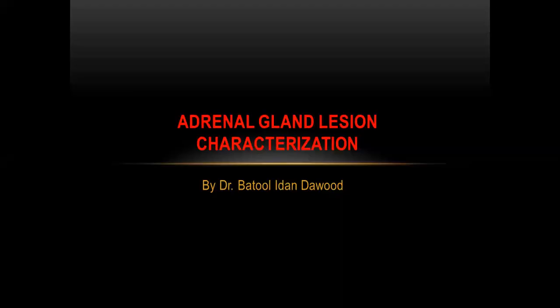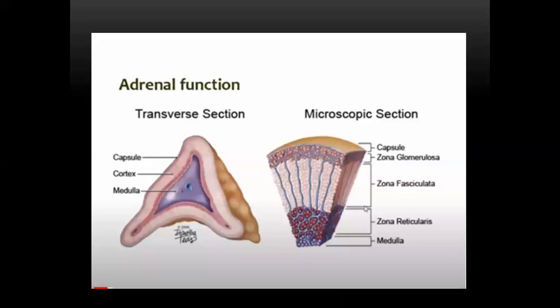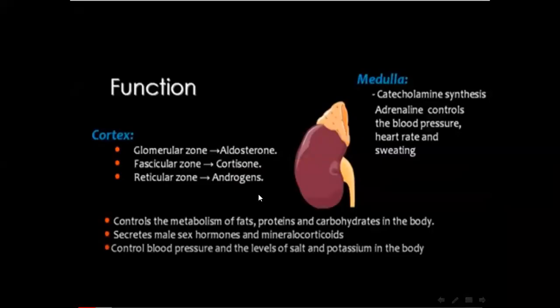Adrenal lesion characterization. The adrenal gland consists of the capsule, cortex, and medulla, and the cortex consists of the zona glomerulosa, zona fasciculata, and zona reticularis. The glomerular zone secretes aldosterone, the fascicular zone secretes cortisol, while the reticular zone secretes androgen and controls the metabolism of fat, protein, and carbohydrate in the body.